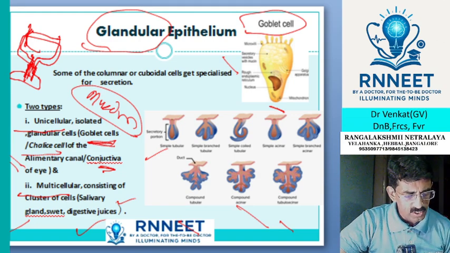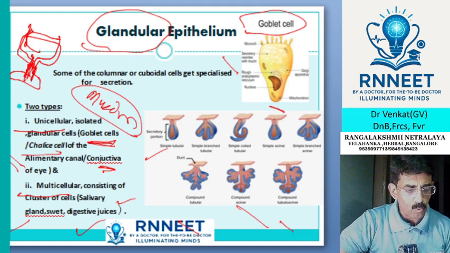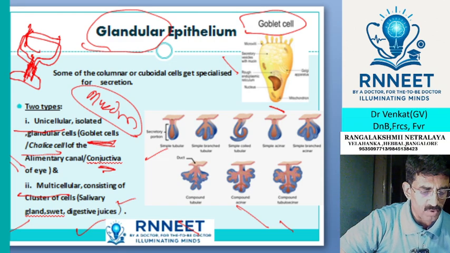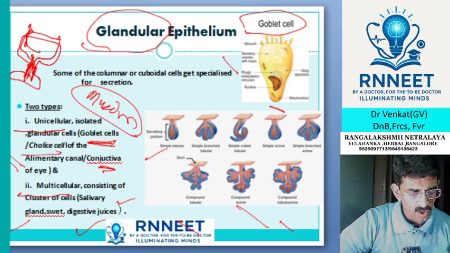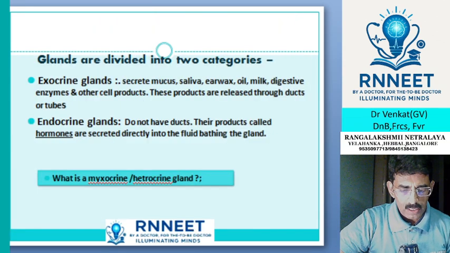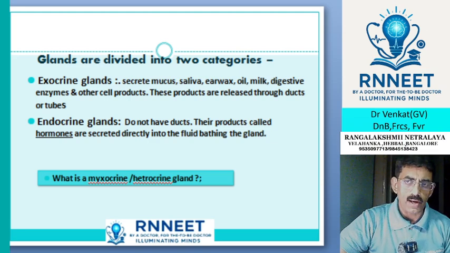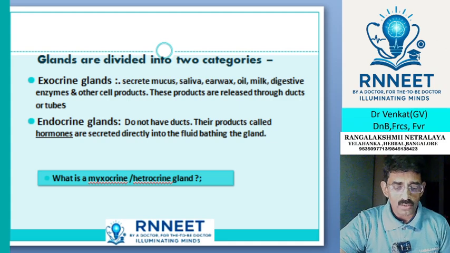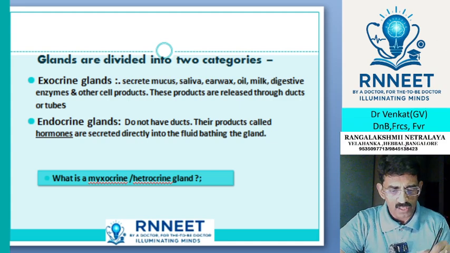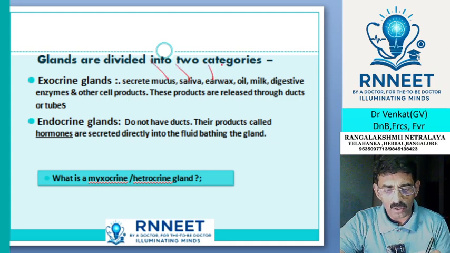When we read more questions, we will come to see how different each one of them is. Now, glands are divided into exocrine and endocrine. What is an exocrine gland? An exocrine gland secretes something, for example mucus, saliva, earwax, oil, milk, and digestive juices.